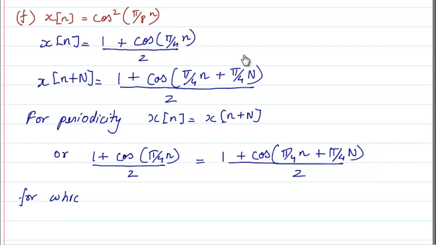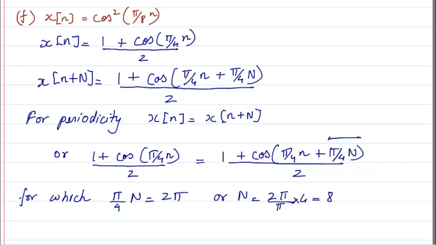for which we know that this portion, that means pi by 4 capital N, should be equal to 2 pi, or N should be equal to 2 pi divided by pi into 4, which gives me the value of 8, which is an integer.